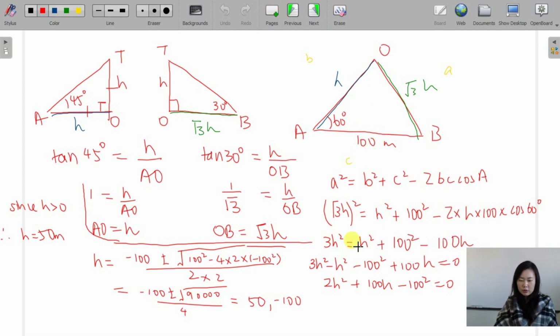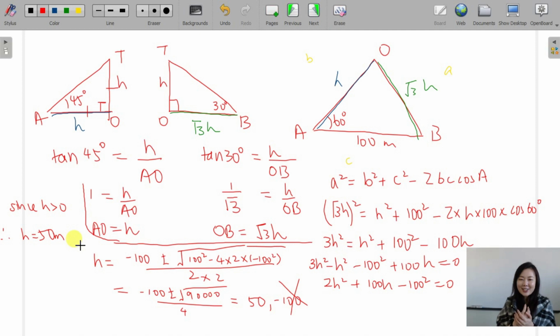Then cosine rule, link it together, solve the equation. In this case, we've got 2 answers. You just filter it, get rid of the answer that doesn't make sense, and quote the answer that makes sense. That's to show you how to attempt a 3D trig question.